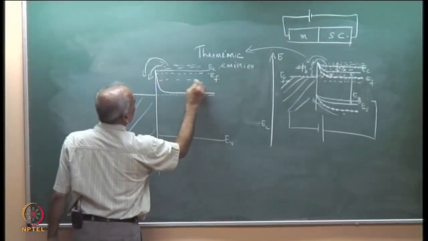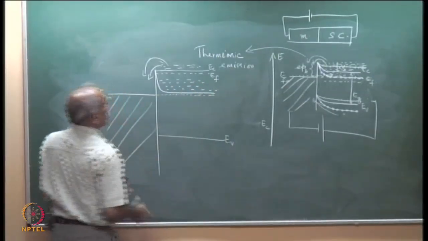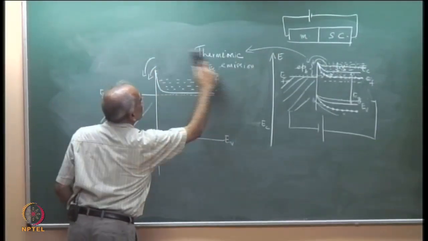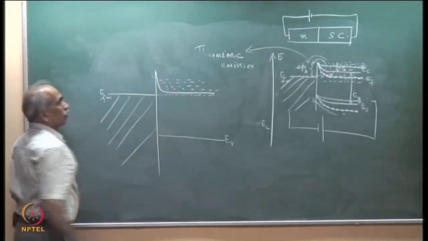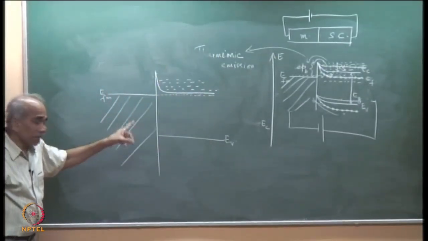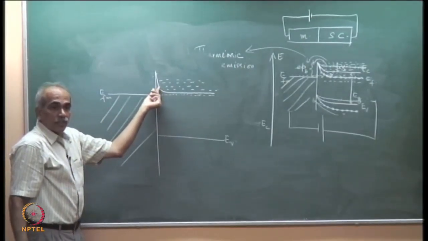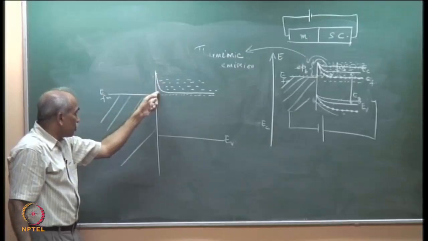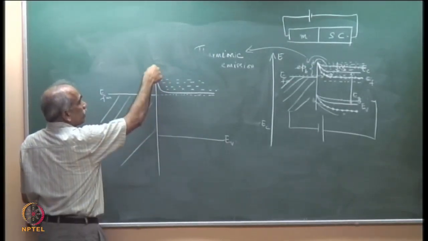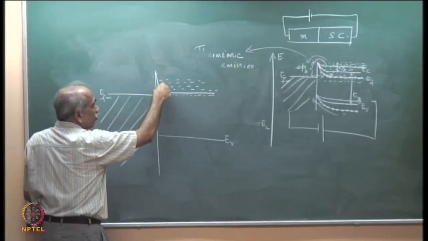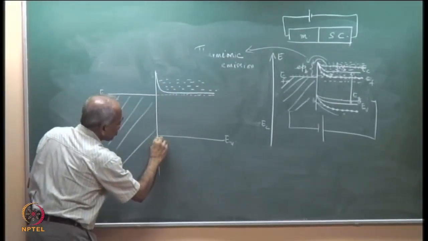There are plenty of electrons here. If you wish, you can erase or you can draw a separate diagram. Because it was N plus, it had a large number of electrons right at this junction. So, at the junction region, the electrons have primarily gone away, and therefore this end has become more positive, and you see the barrier has now changed.